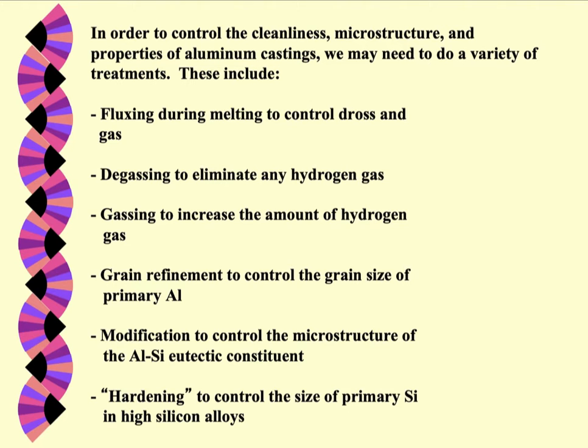There's a bunch of different types of fluxes you use. Degassing eliminates the hydrogen gas, and we did a whole lab on that. We might actually add gas with potatoes in order to offset some shrinkage in the casting. And we might do things like control the grain size of aluminum.